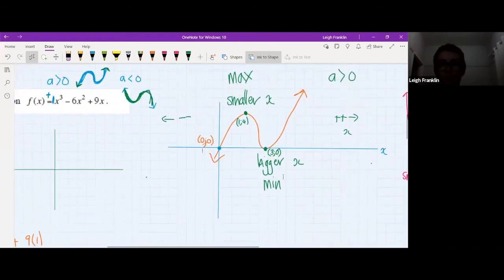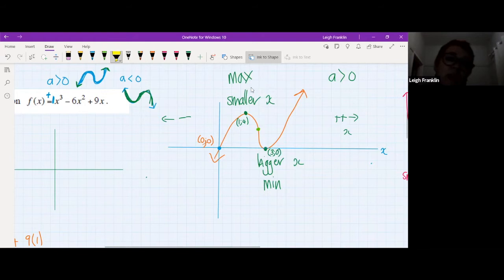Okay, so the point of inflection is a point on the graph where the concavity changes. The concavity changes from being concave down to concave up. Absolutely, Neliswa. Thank you so much for that.